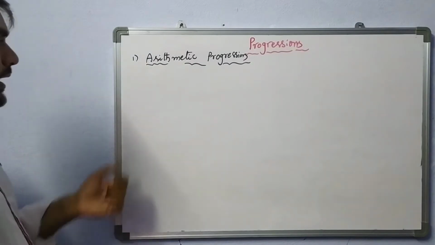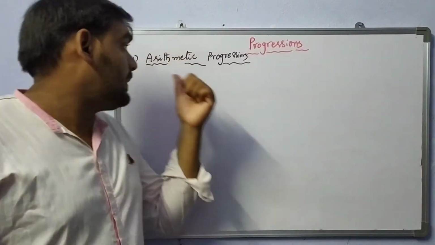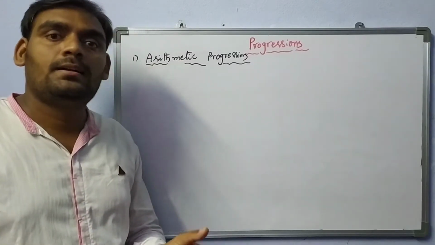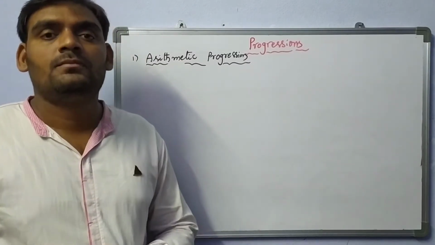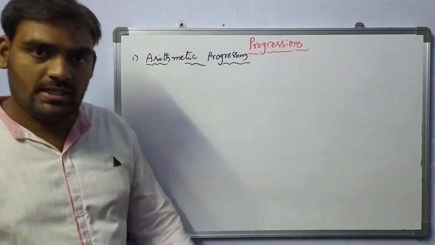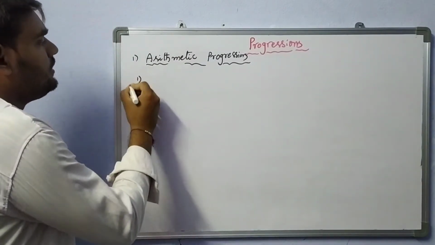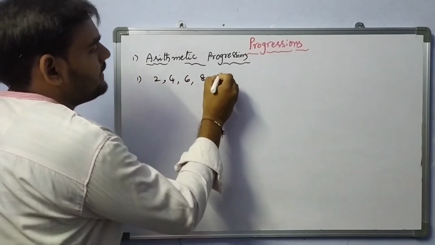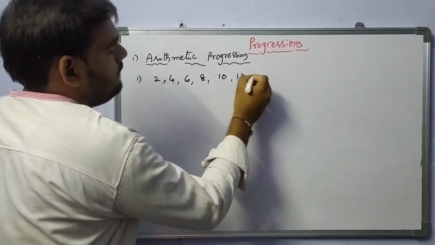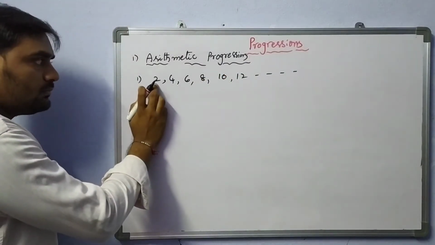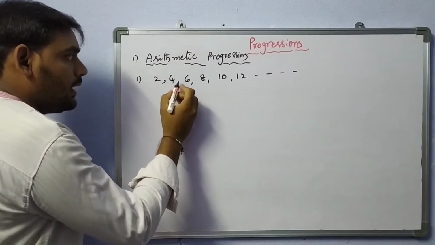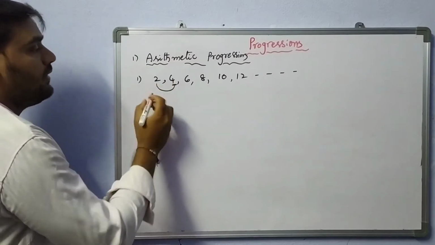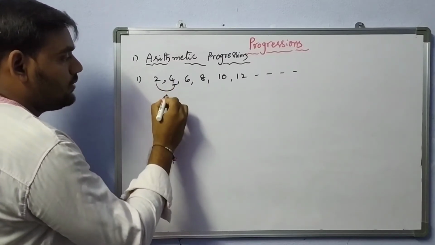A sequence is said to be an arithmetic progression if the difference of each term with its previous term is constant, except the first one. See here, if I take 2, 4, 6, 8, 10, 12 and so on, except the first term, if we take a term and its preceding term and find the difference, we will get 2.